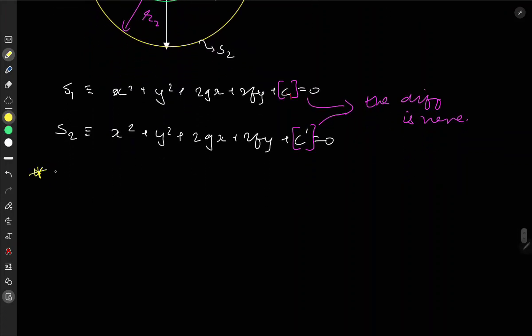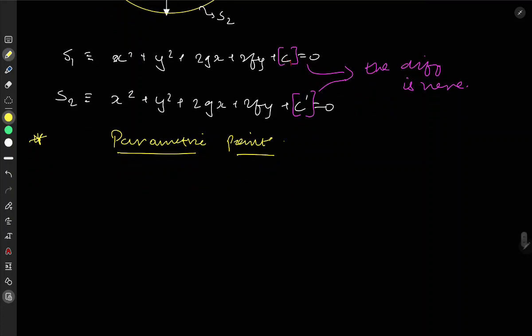Let us move further in the circle chapter and understand the parametric point. In geometry, the parametric point is very important as we substitute another variable in place of x and y.